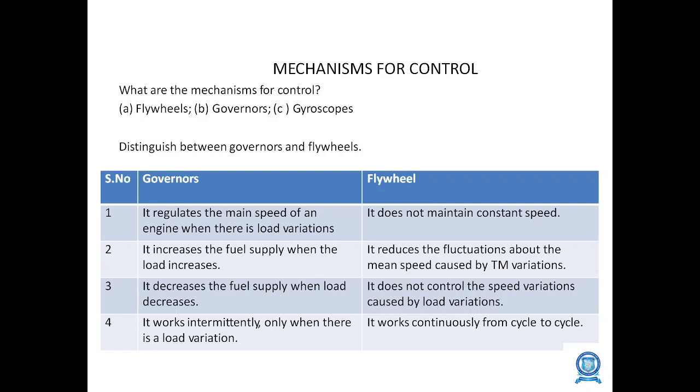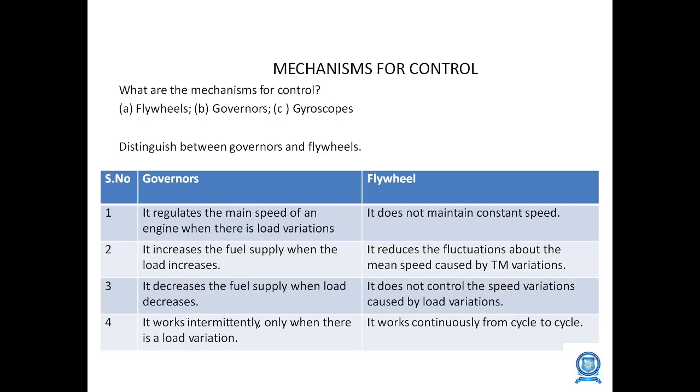Second point, the governor increases the fuel supply when the load increases. The flywheel reduces the fluctuations about the mean speed caused by the variations. The third point, governors decrease the fuel supply when load decreases. But flywheel does not control the speed variations caused by load variations.